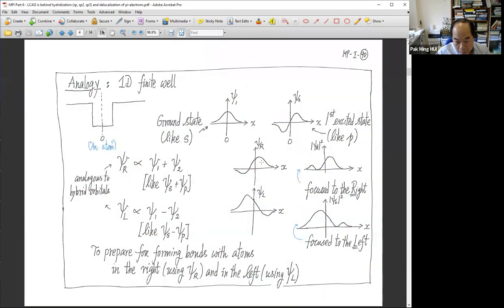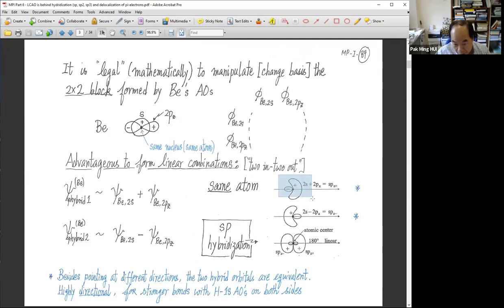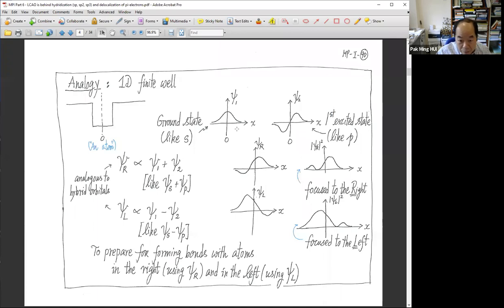If I draw the probability square, it will be something like that, okay? You see the similarity to this thing, okay? Similarly, if you subtract, this minus this will put this onto the positive side. It will go the other way, okay?